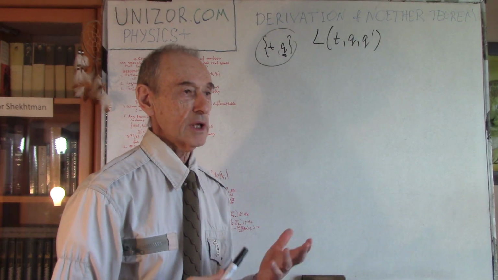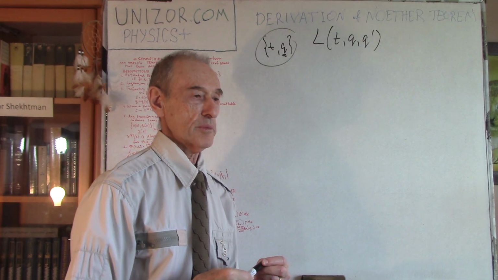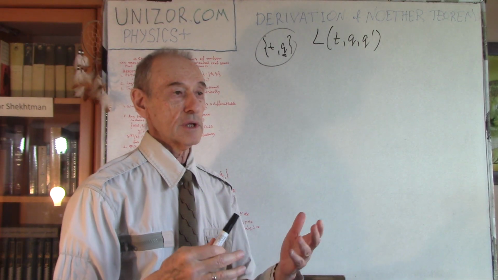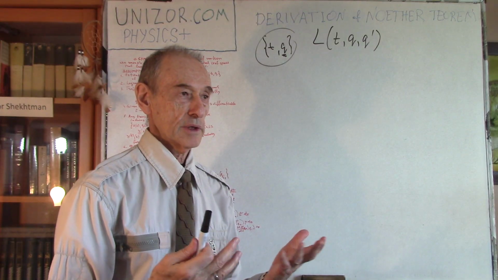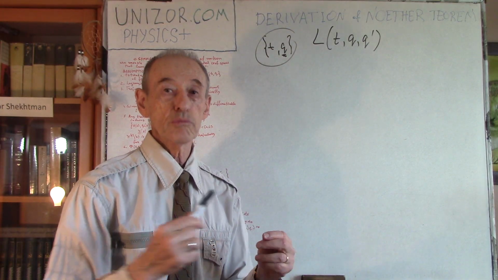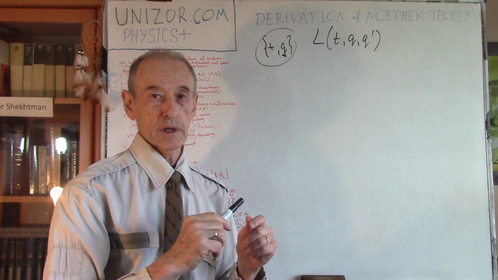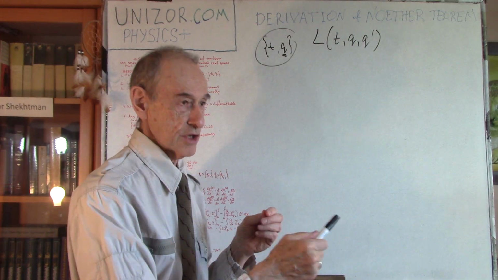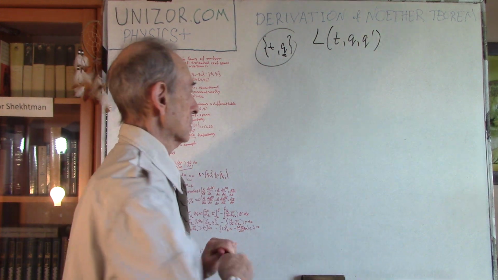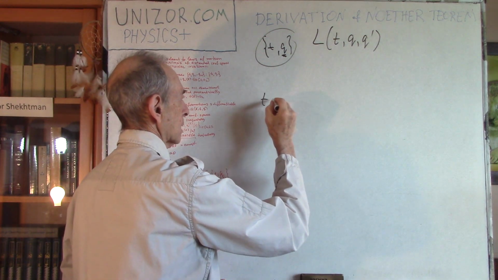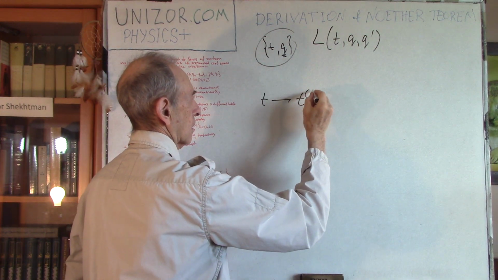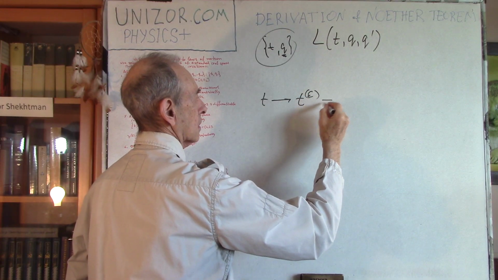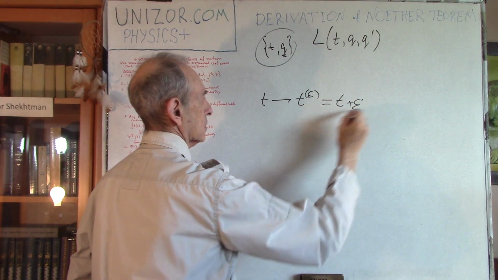Now, what I would like to say about transformation is that transformation can be different. For example, if you are moving along a trajectory, what's the transformation? Well, you're changing time. Let's say time is incremented by epsilon, which is t plus epsilon.